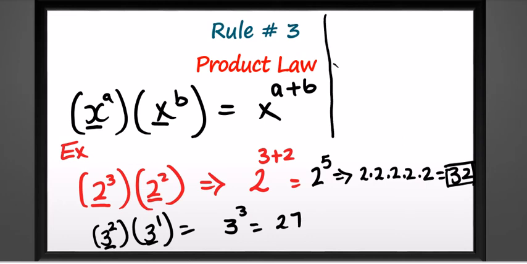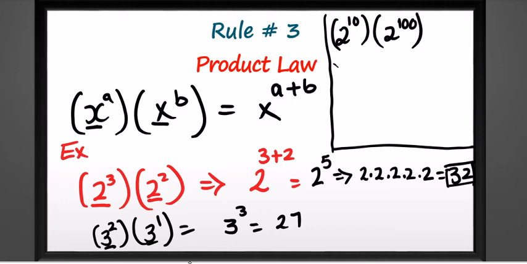Let's do another example here. So I'm running out of space. Okay, so let's say it's 2 to the power 10 and that is 2 to the power 100. Okay, if you want to write that in simple form, you're not going to write it 10 times here and then 200 times here. It's just like a crazy process writing 200 times.